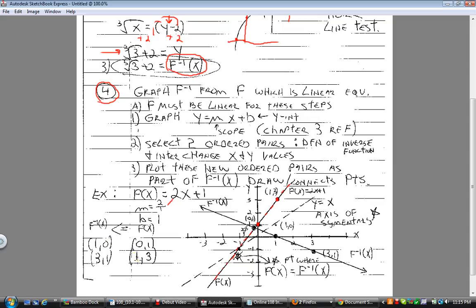Same thing with the second ordered pair we found: 1, 3 becomes 3, 1 for the inverse function up here. Okay, and now my graph, I apologize, I made a mistake on this. What you want to do is find 1, 0, which is accurate right here, and then 3, 1. I went down instead of up. I don't know why I did that, so you've got to be careful. 3, 1 would be right here.